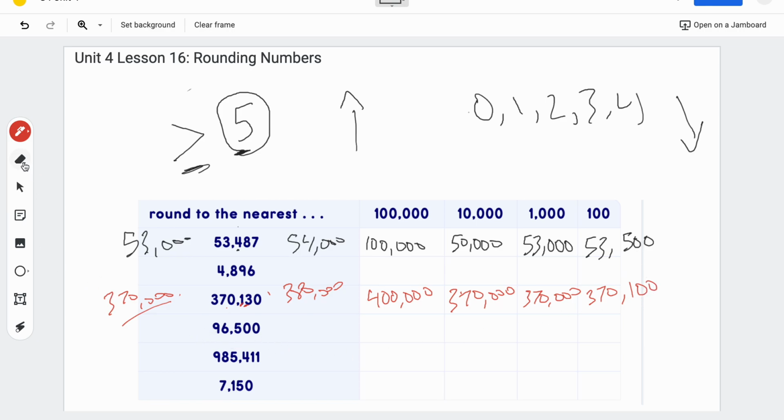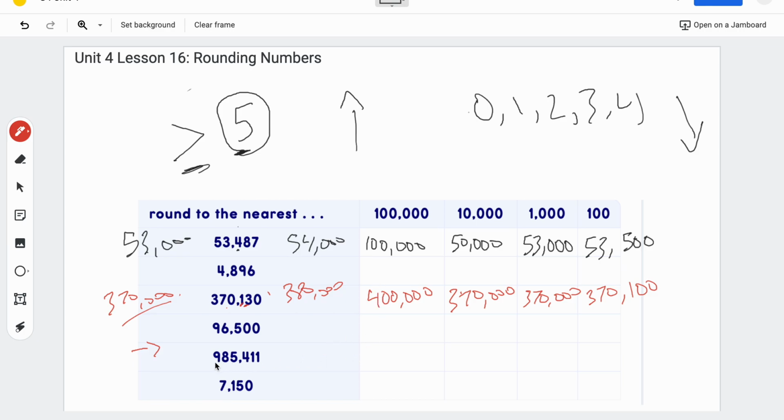Okay. Let's do this one. 985,411. And let's do it the really fast way, by looking at the digit next door to the digit that you're considering. So nearest 100,000th place.